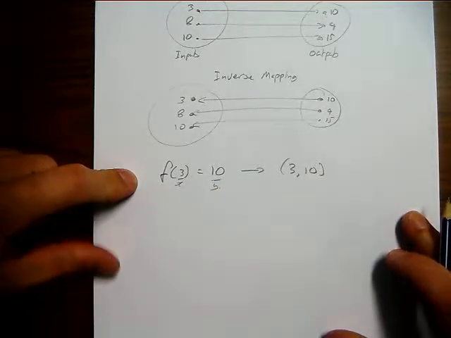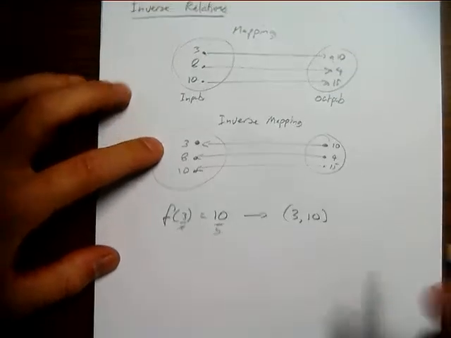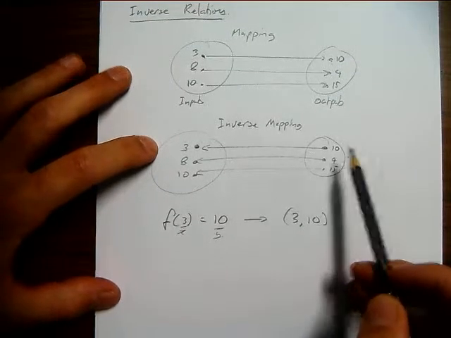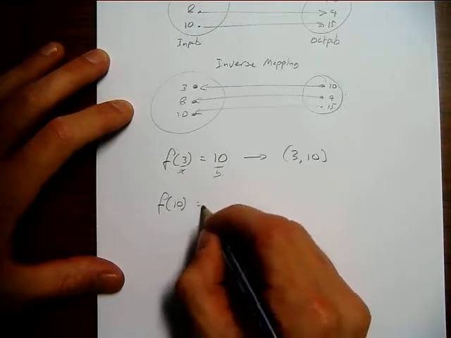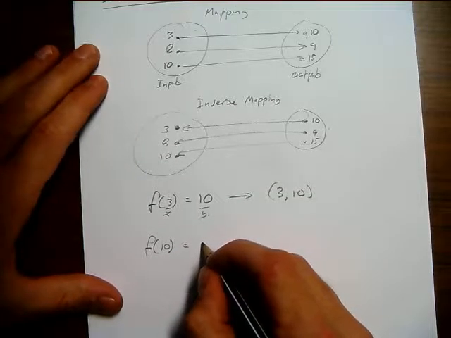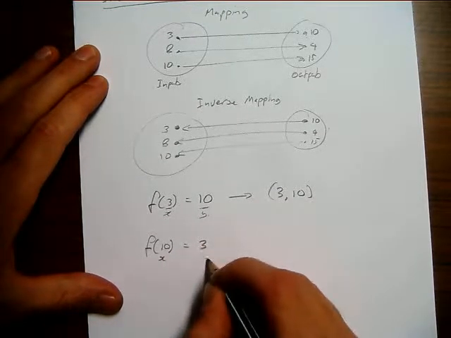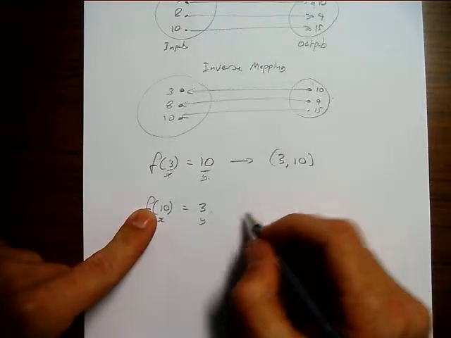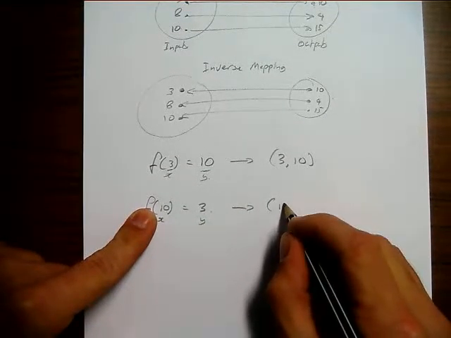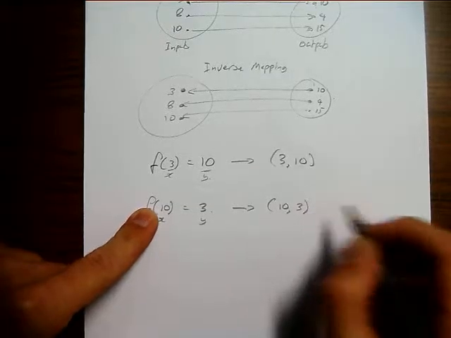Now, if we were to graph the inverse of it, we would be graphing f of 10 equals 3. Again, we have our x and our y, but they're opposite. So the point is 10, 3.